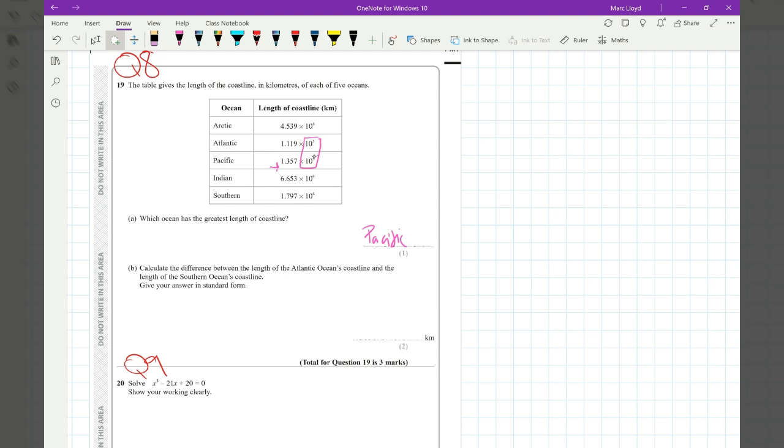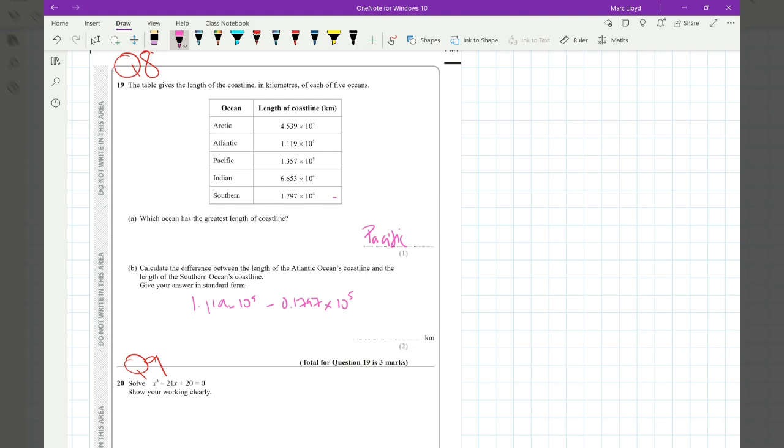So Atlantic, 1.119 times 10 to the power of 5 minus the Southern Ocean's, which is here. Now, I'm going to convert this so that they're both 10 to the power of 5. I've made that number 10 times bigger, so the next one needs to be 10 times smaller.